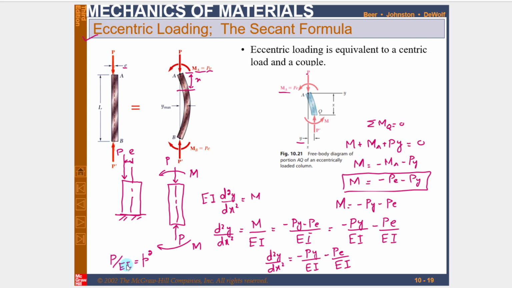So if P over EI is equal to p squared, you can see that P over EI is available over here and also over here. So we can write it as minus p² y minus p² e.